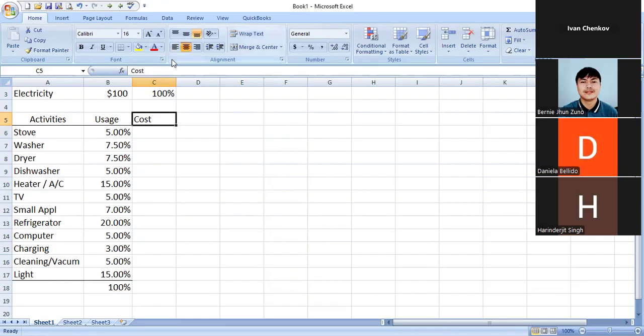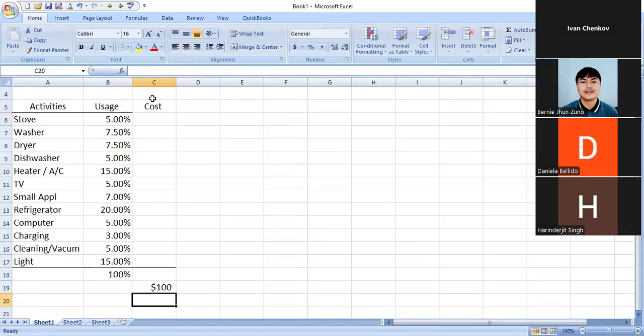If I know my total cost is $100, end of the story, that's how much I pay. That's my bill. Now I know my usage as a percentage. Can I come up with the cost for every single activity? I should be able to come up with this easily, right?